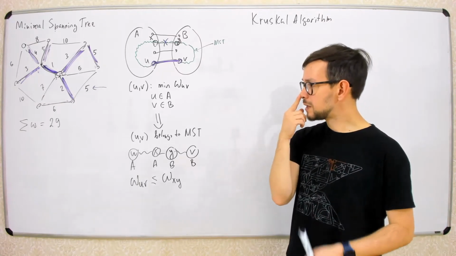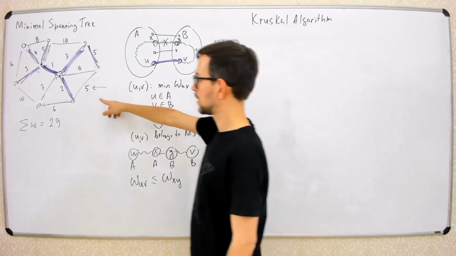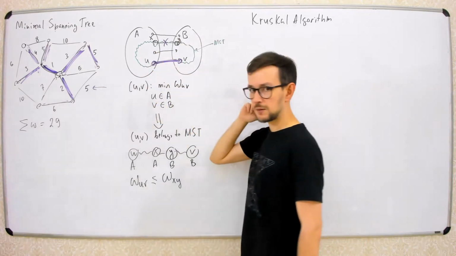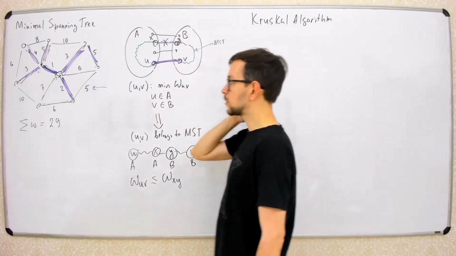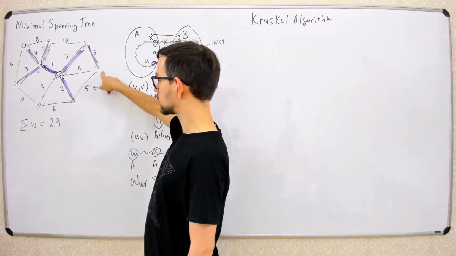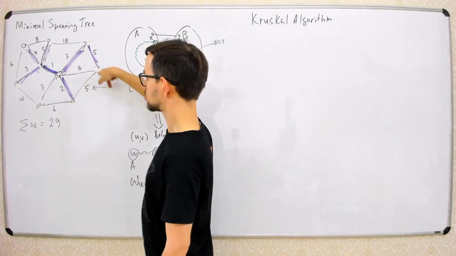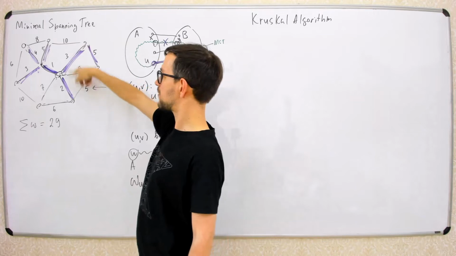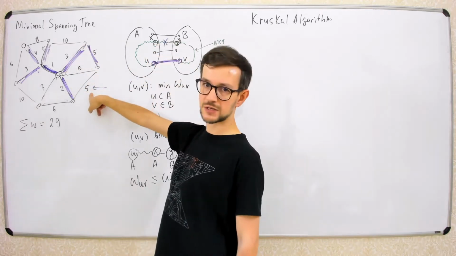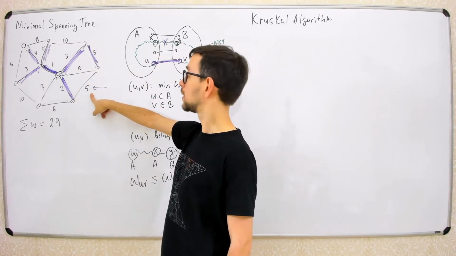What does it mean? It means that this edge is not minimal in any cut, because these two nodes are connected, so we have this path. In any cut there will be this path, and all edges on this path are less than this edge. That's actually what this means.